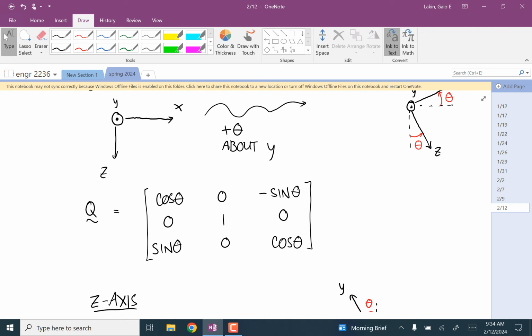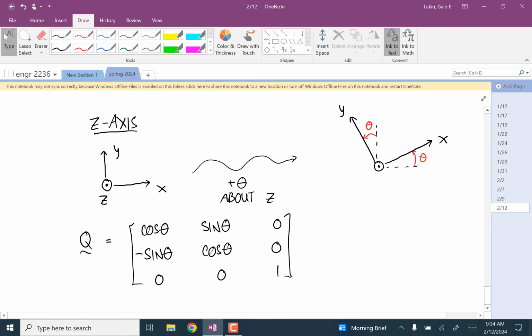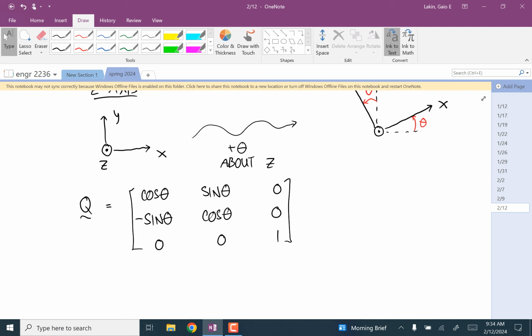And for the other 4, remember that y is the one where the signs are switched on the sine functions. So you get cosine, negative sine, sine, cosine. And then z, it's back to the way it was before: the 1s and 0s in the z row and z column, and then cosine, sine, negative sine, cosine.